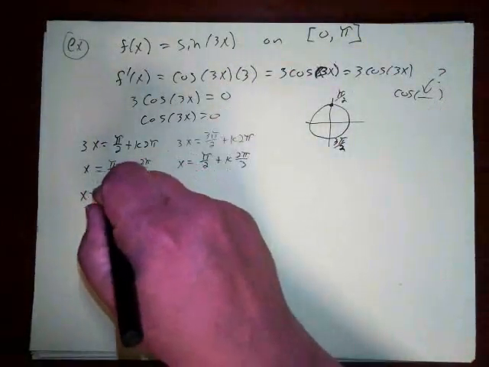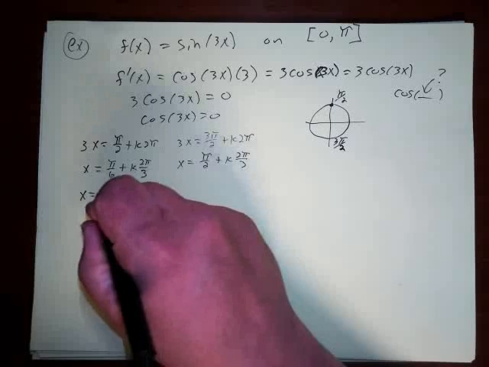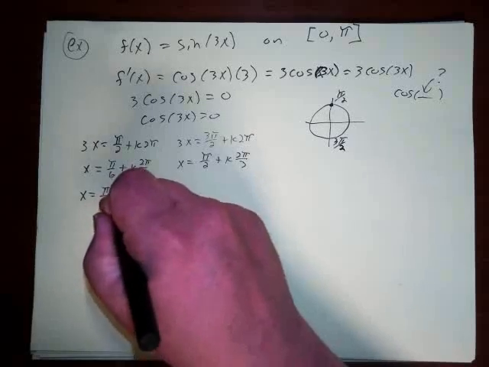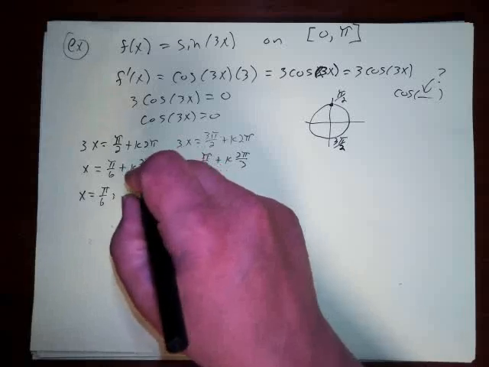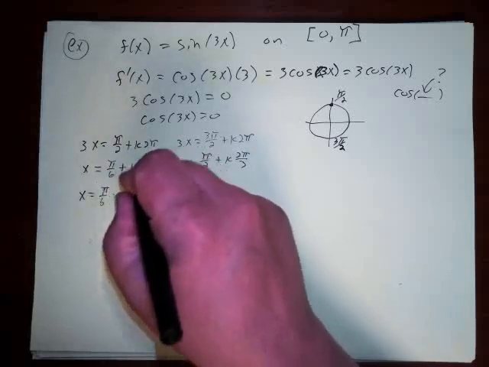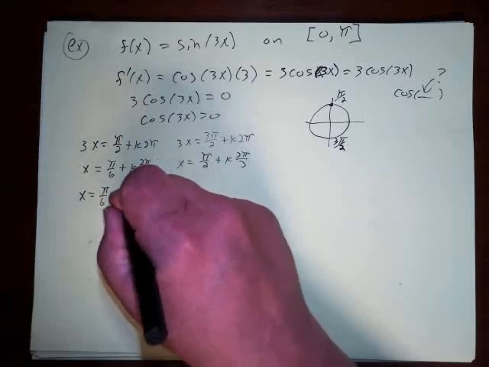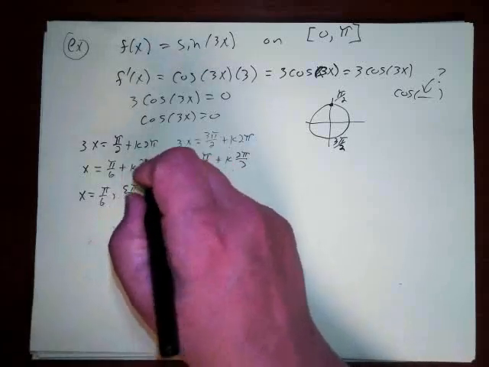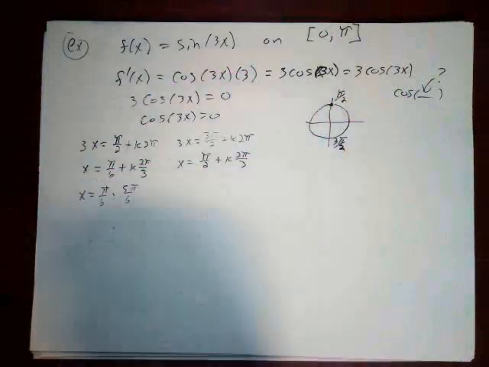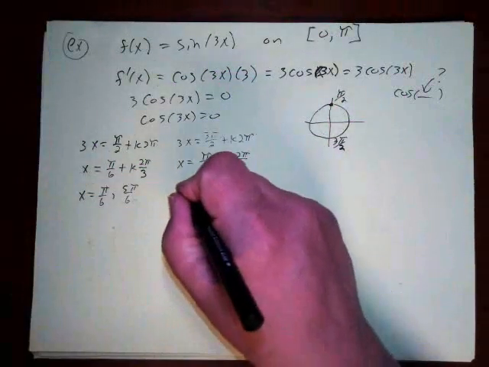So when k is 0, pi over 6 is one solution. And then when k is equal to 1, this will be 5 pi over 6. And so that's another solution. When k is equal to 2, you're already outside the interval. So that's the only one you would get there.